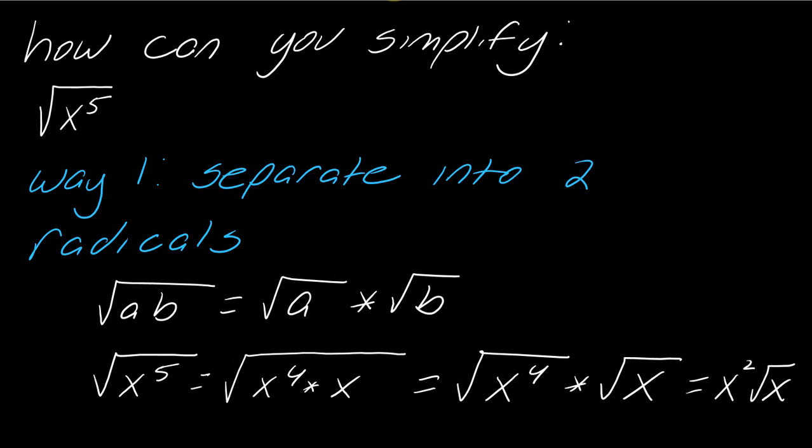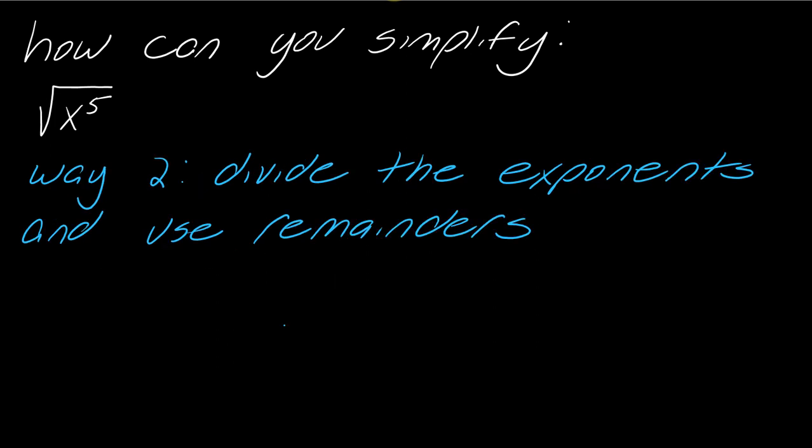There is a second way to think about this. You can divide the exponents and use remainders. I have the 5 here and the 2 here, so I'm effectively taking 5 divided by 2. Another way to think about that is how many times does 2 go into 5? 2 goes into 5 twice with a remainder of 1.